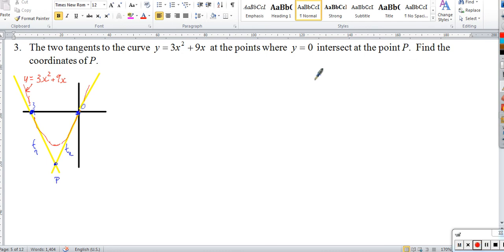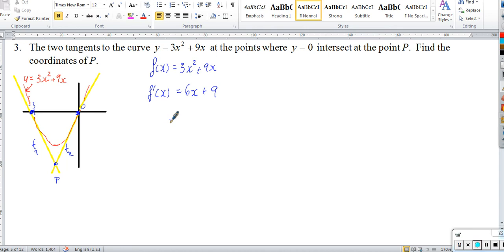Okay, so first of all, let's copy out the function, and instead of y equals, I actually prefer when dealing with calculus to use f of x. You'll see why in a moment. Because, well, first of all, I can find the derivative like this, using the power rule, that's going to give 6x plus 9.